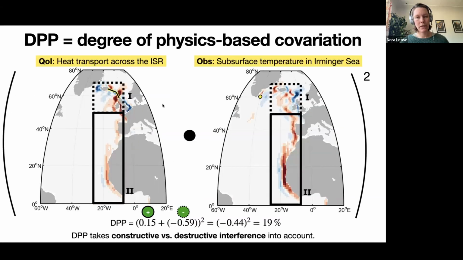Grid points in box number 2 lead to a positive contribution, while grid points in box 1 lead to a large negative contribution. Then, adding these two values and squaring, the result gives us a value of 19%. What's worth noting here is that the DPP takes into account constructive versus destructive interference of this covariation versus anti-covariation, right?